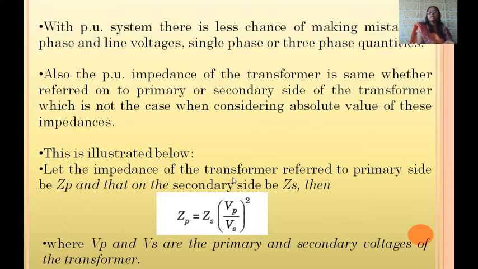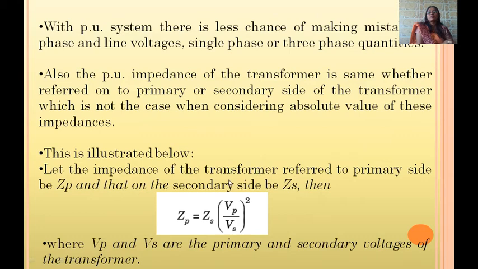I will illustrate this in this slide. Let the impedance of the transformer referred to the primary side be Zp and that on the secondary side be Zs. Then Zp is equal to Zs into Vp by Vs whole bracket square. You know this is the transformation ratio, where Vp and Vs are the primary and secondary voltage of the transformer.